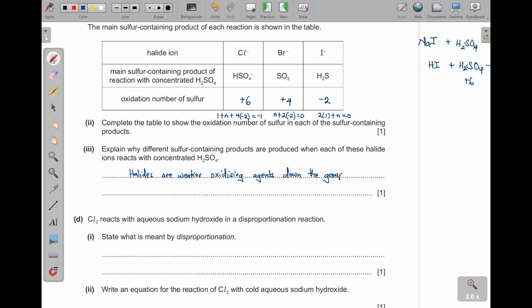Another person can say halides are stronger reducing agents down the group. A reaction becomes so fast if there is a strong reducing agent and a strong oxidizing agent. So sulfuric acid is a strong oxidizing agent.